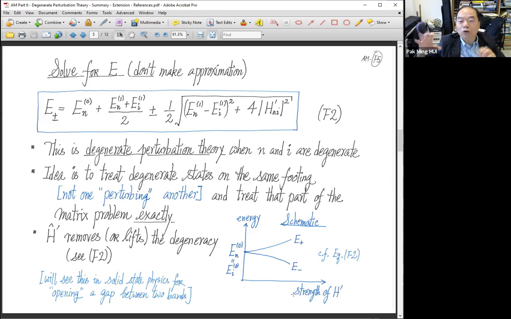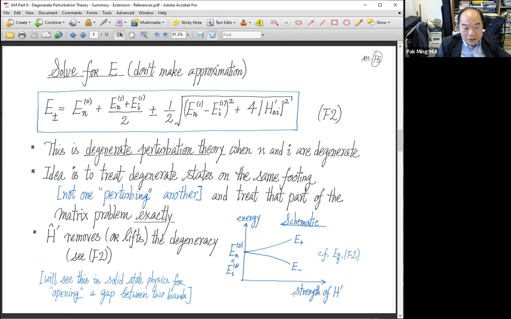All the others are much weaker. That's the point. So this answer, you can find in a standard textbook like Griffiths'. But here, I just use a very simple approach to get at the same answer, once you understand how to treat a small matrix within a big matrix.